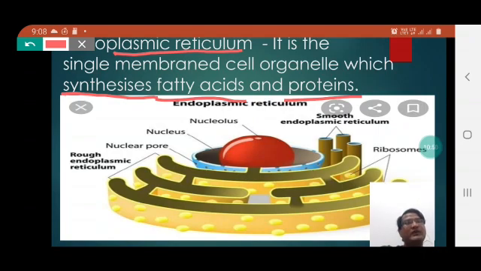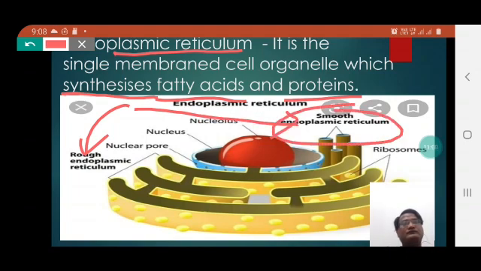Students, endoplasmic reticulum actually is of two types: rough endoplasmic reticulum and smooth endoplasmic reticulum. Students, the endoplasmic reticulum which is associated with the ribosomes, so here you can find the ribosomes.